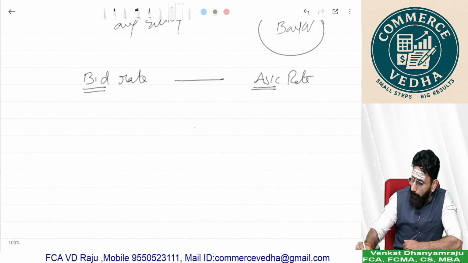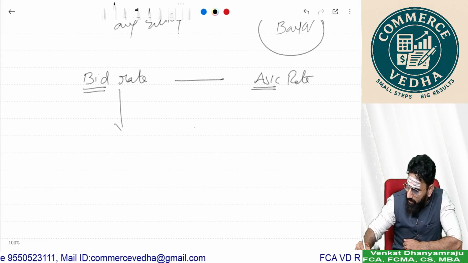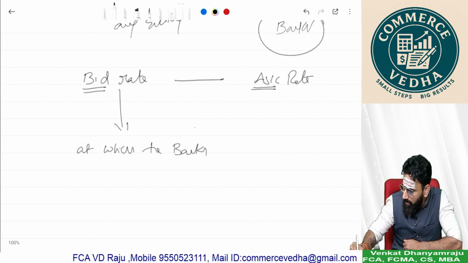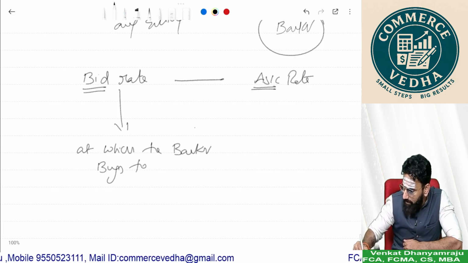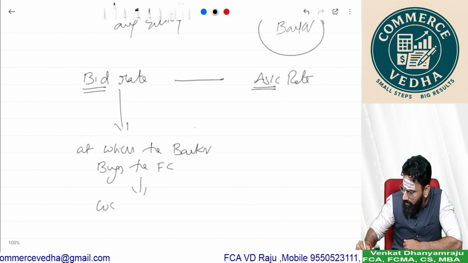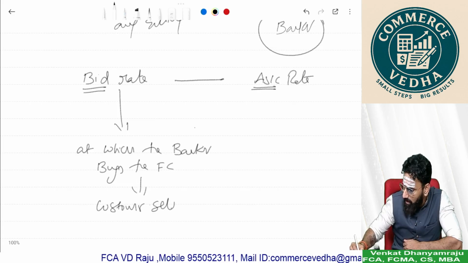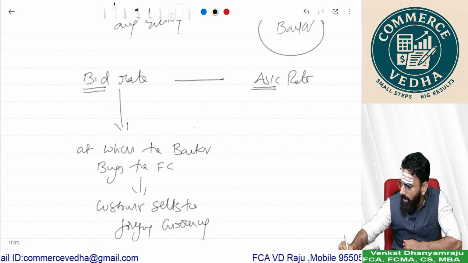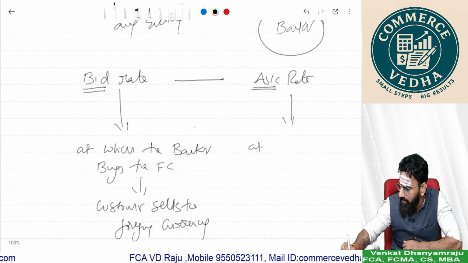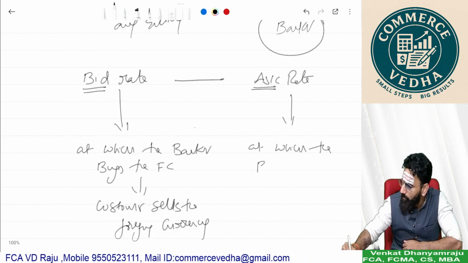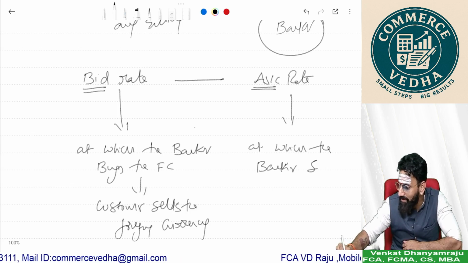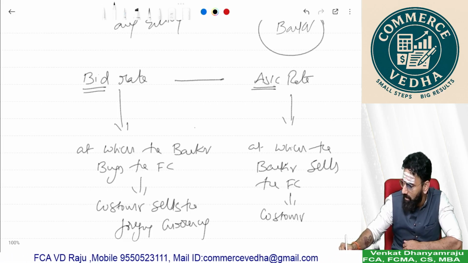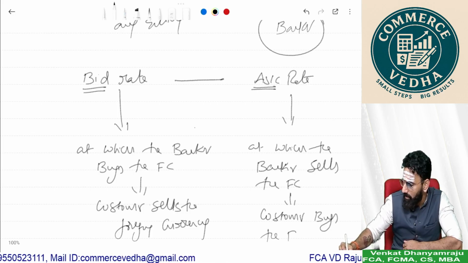So bid is the rate at which the banker buys the foreign currency, which means the customer sells the foreign currency, and ask is the rate at which the banker sells the foreign currency and the customer buys the foreign currency.